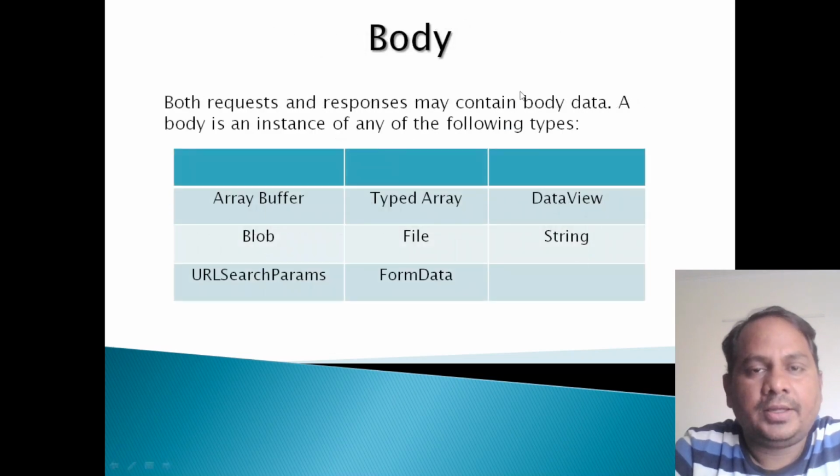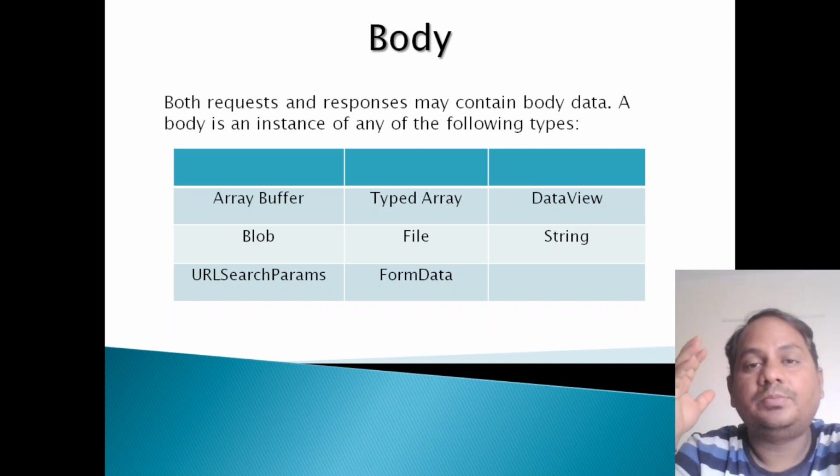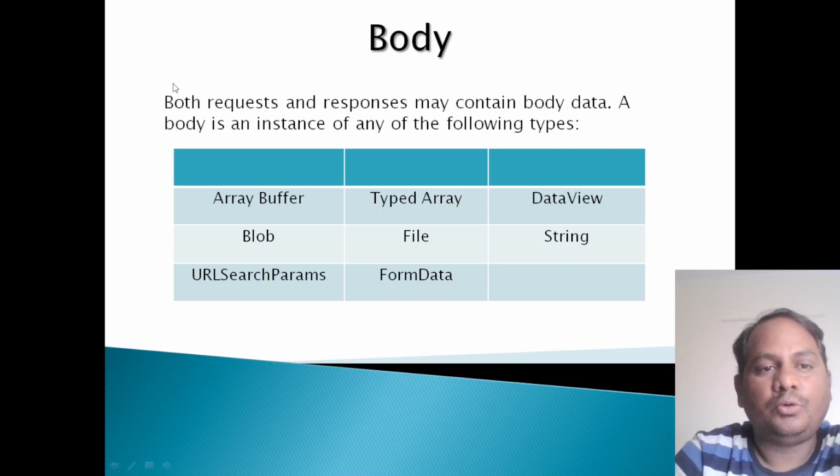Okay, the body, we'll see the response body, what kind of data. Both the request and response may contain body data. A body is an instance of any of the following types. What does it mean?